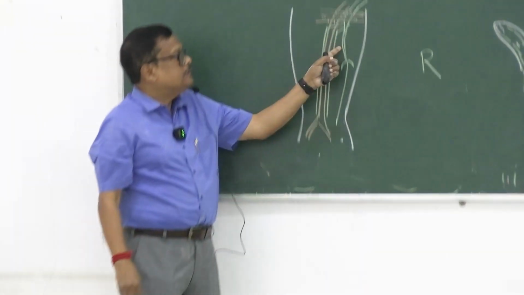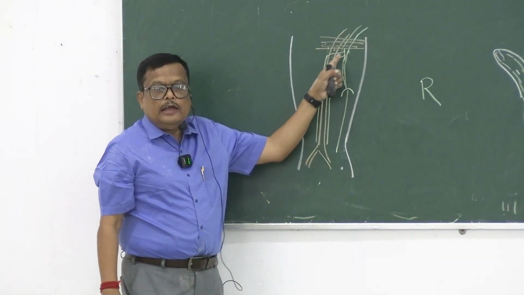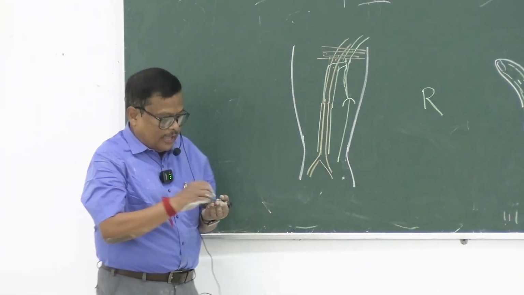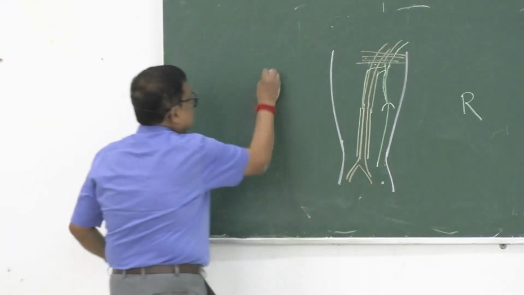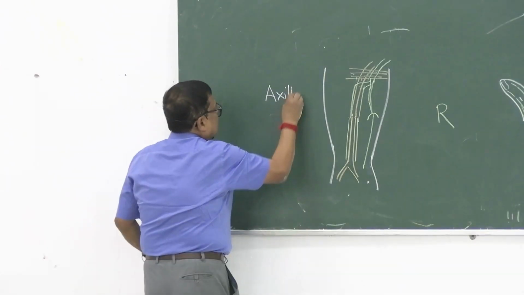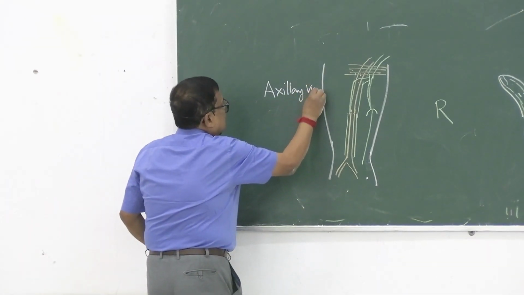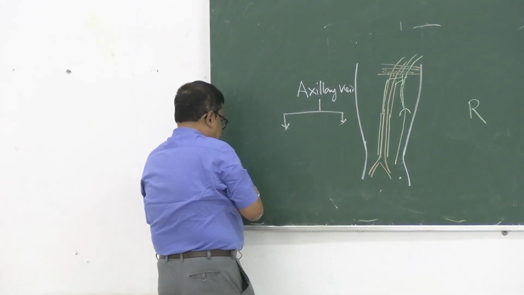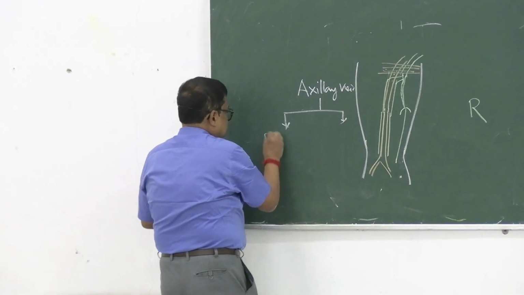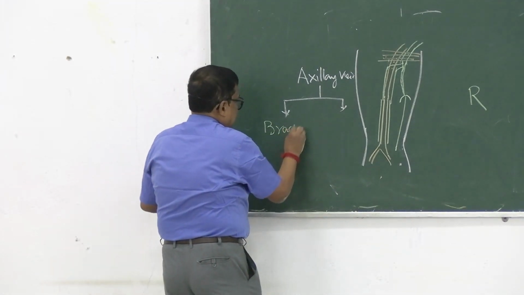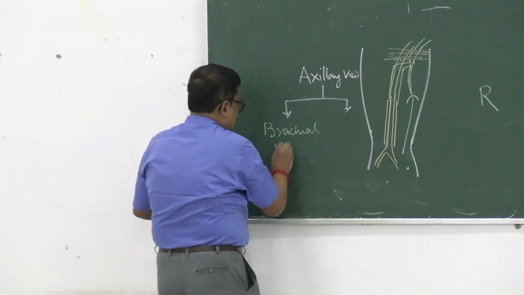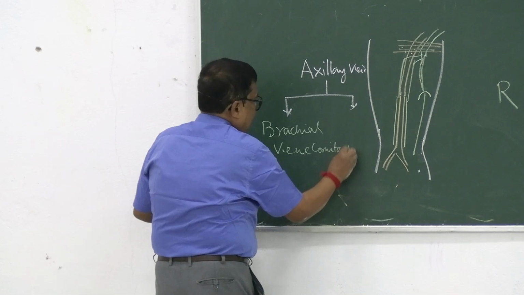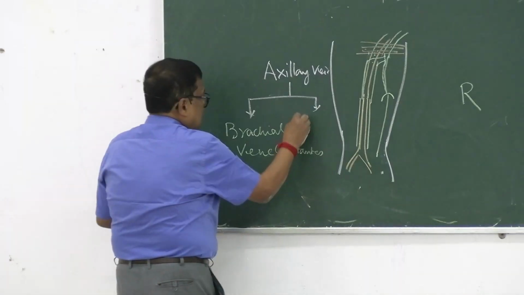So the axillary vein is formed by the basilic vein and the venae comitantes of the brachial artery: the brachial vein, brachial venae comitantes, and basilic vein.